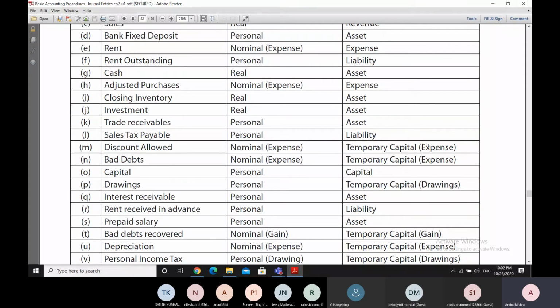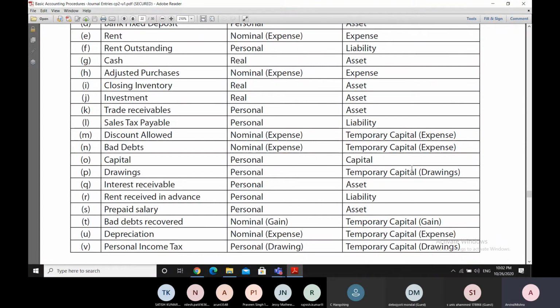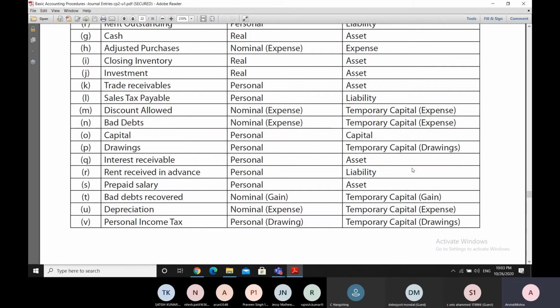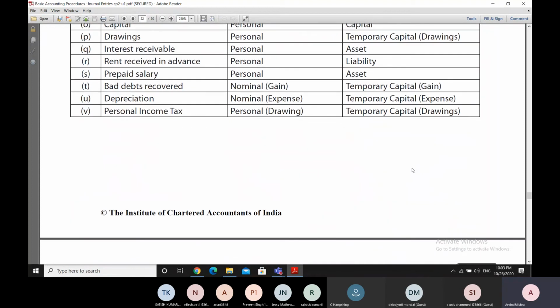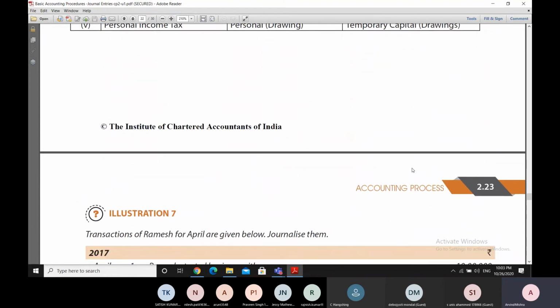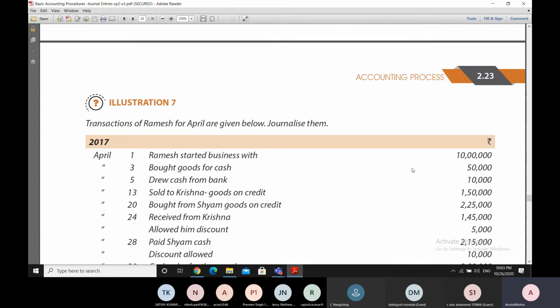Temporary capital means the expenditure account, or temporary capital means drawings also, or temporary capital could mean gain also. So gain, expense, drawings, they are all temporary capital accounts, as we have seen earlier also. So all these accounts are therefore divided in that way.